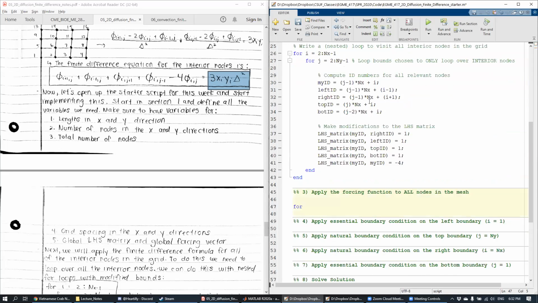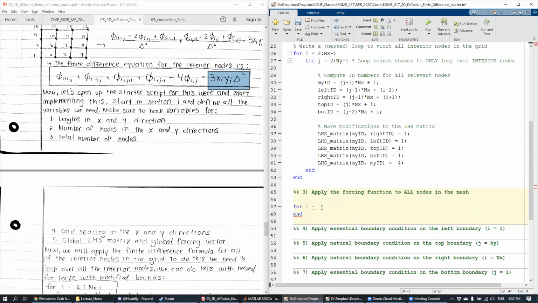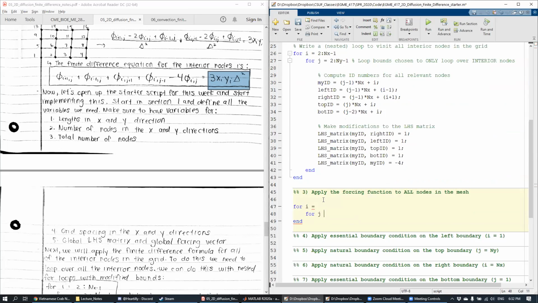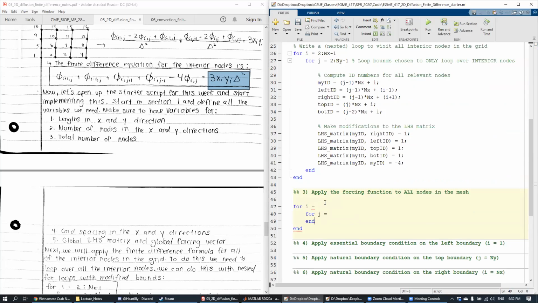And so just like the same as we did up here, we're going to write for loops. For i and for j, because we need to visit every node in the grid. But since this equation right here, the forcing function, doesn't really care if we're on the boundaries or not, we're going to write the full loops for this. So i can go 1 to nx, and j is going to go from 1 to ny.